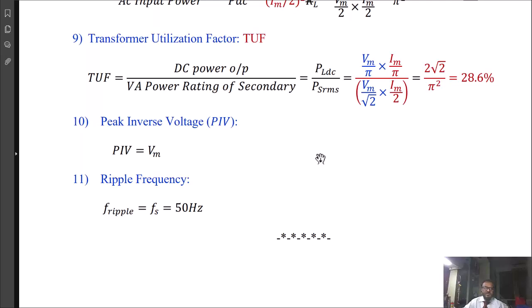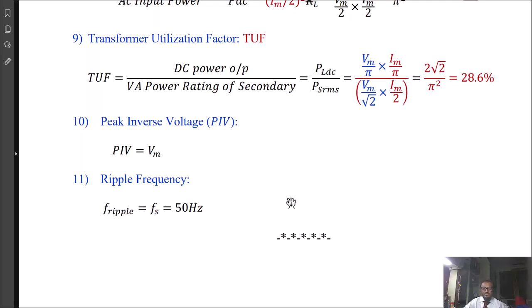The ripple frequency present at the output of the rectifier is the same as the mains frequency. If the mains frequency is 50 Hz, then the ripple frequency of the half wave rectifier is 50 Hz. The lower this frequency is, the larger the filter required to eliminate it.